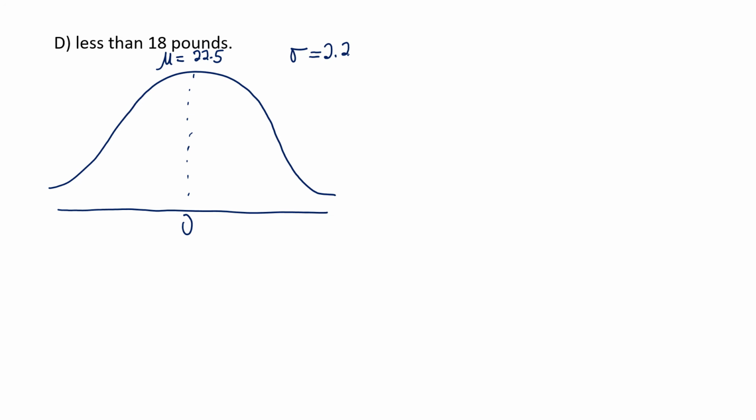This problem asks us to find the weight that's less than 18 pounds. We need to find the z-score that corresponds to 18. The formula is the data item, in this case 18, minus the mean, that's 22.5, divided by the standard deviation, which is 2.2. 18 minus 22.5, that's negative 4.5.